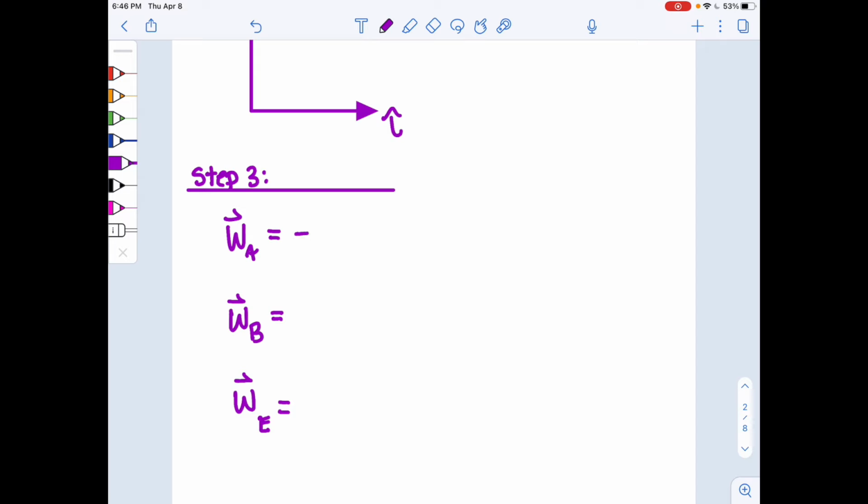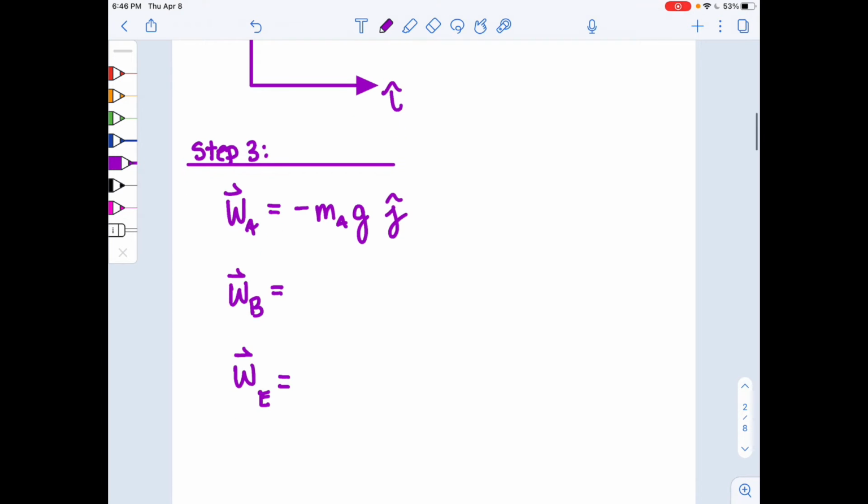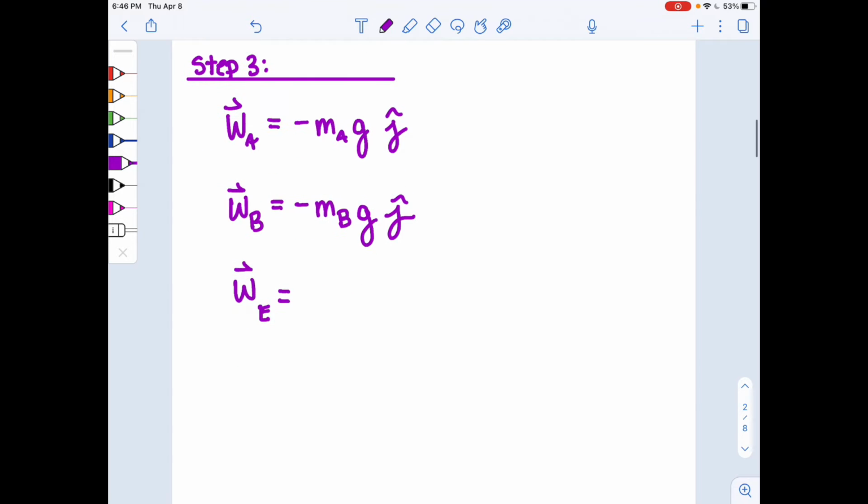So WA will be the mass of particle A times gravity, J hat, because it is going down, and that's also why it's negative. So we'll have negative mass of B times g J hat. And then we'll do the same thing for E.